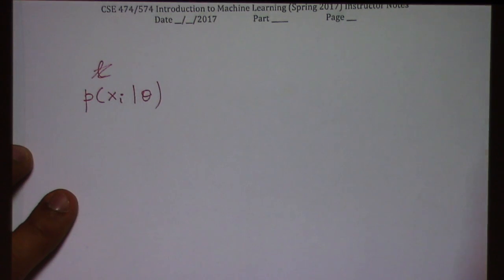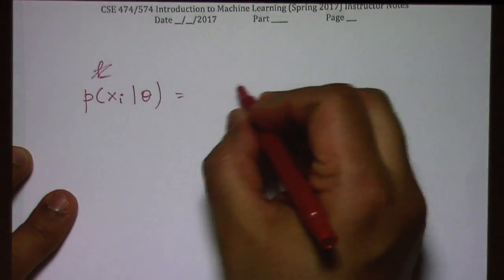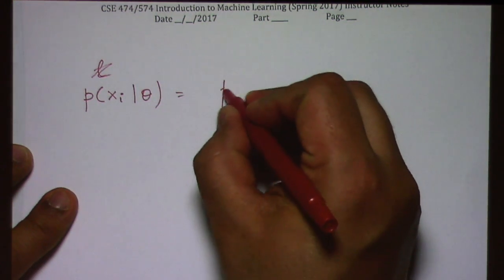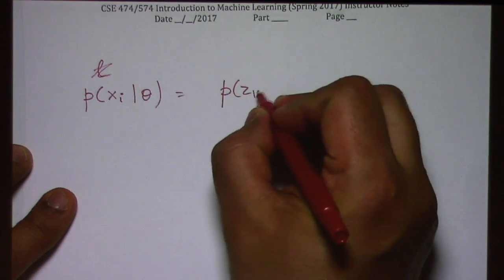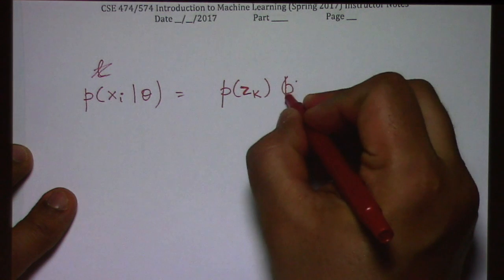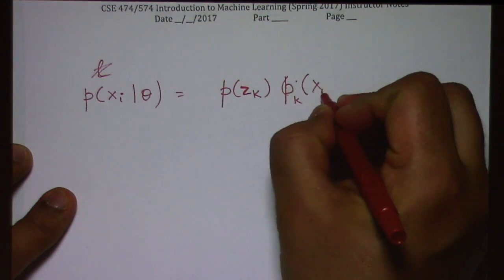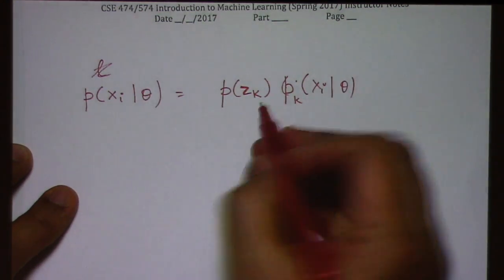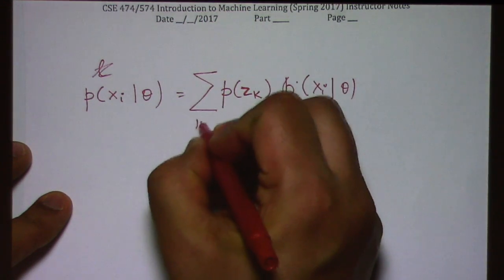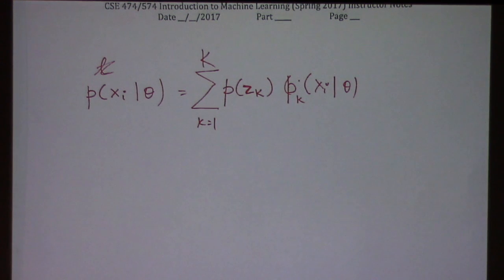This is going to be the weighted probability, if you remember: the probability that it came from the mixture component number k, and then the probability of that mixture component, and then the summation of this from k equal to 1 to K. So this is the probability that you get.